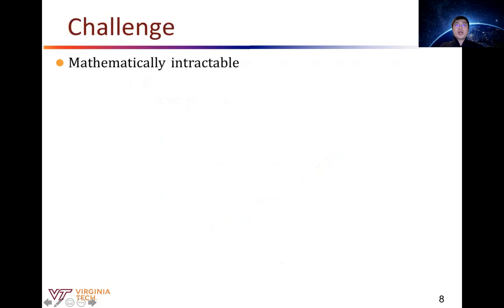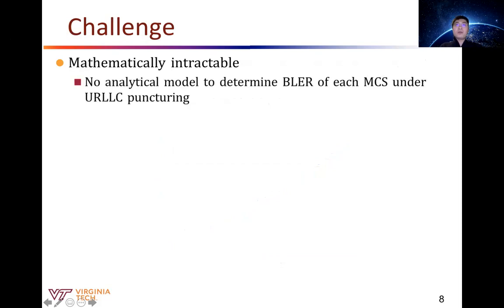The biggest challenge in solving this problem is that it is mathematically intractable. Simply put, we don't have an analytical model to determine the BLER of each MCS level under preemptive puncturing. It is well known that LDPC decoding performance in terms of BLER is very difficult to model in closed form.